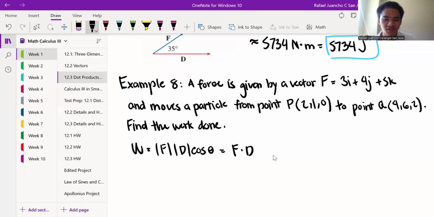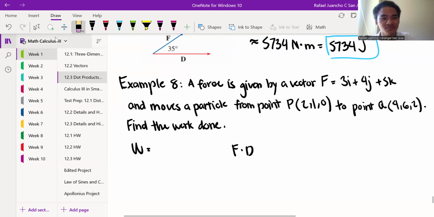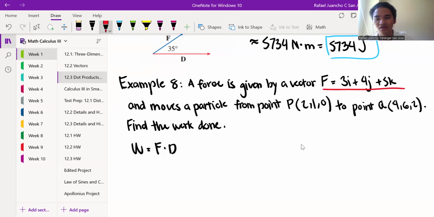The reason why we're using this formula is we want to find the work done, obviously, right? But if you notice here, there's no information about angles. So most likely, we're using the dot product of F and d. And we're actually already given F, if you think about it. F is this thing. That's it. We're given F.